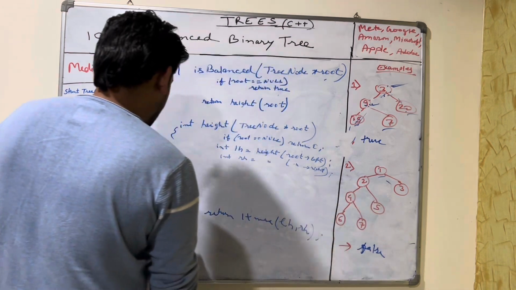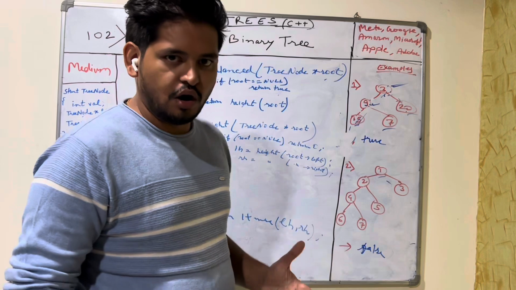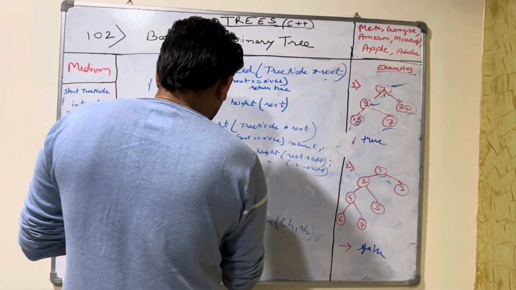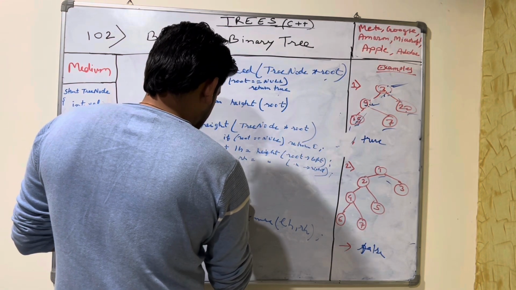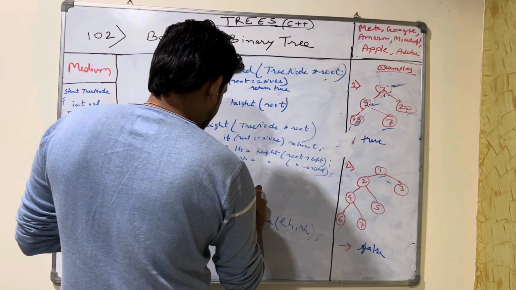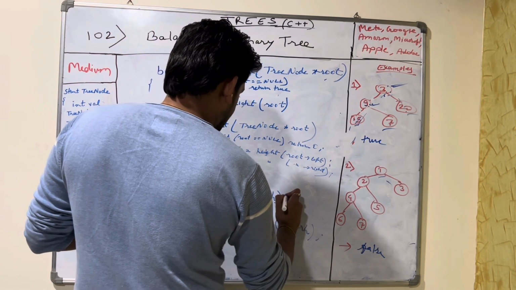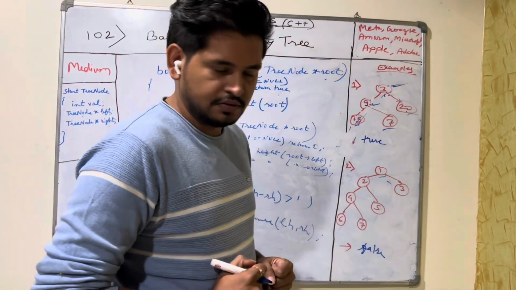It will give us the height, but we need to return either the height or -1. So we write the condition: if the absolute difference between LH and RH is greater than 1, then there is an issue.